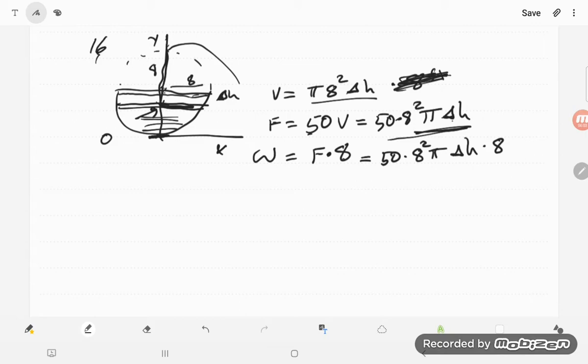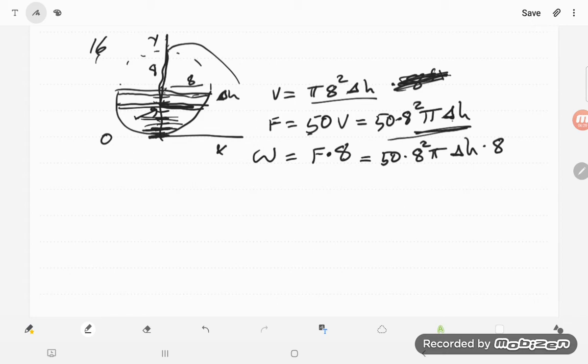The textbook switches from H's, well, I don't know if they ever used H's, but they use Y's. And so as I go, I can just think, how much work was it to pump that layer out?